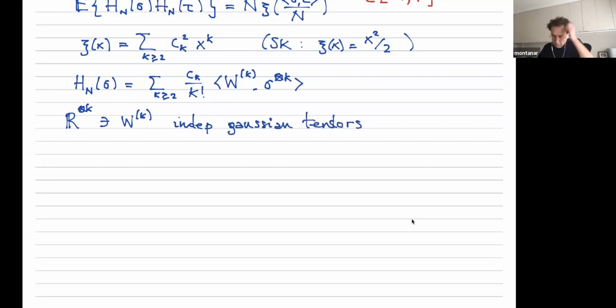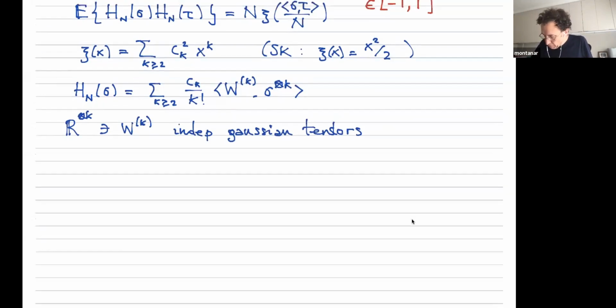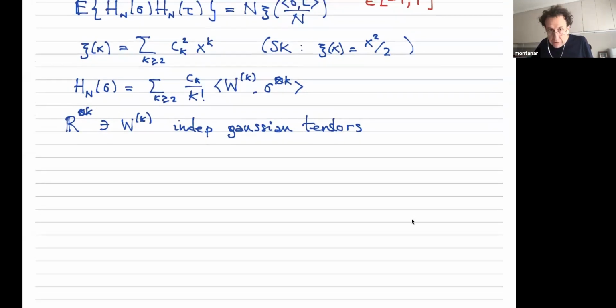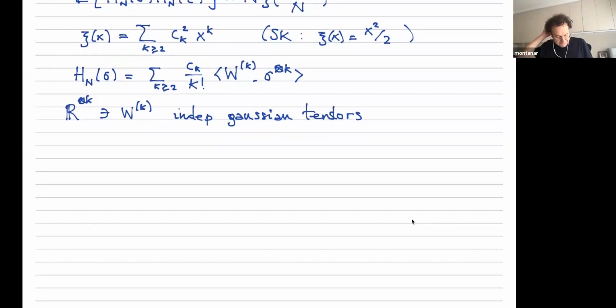I will not bother to define precisely the normalization of the entries of these Gaussian tensors, because you can probably figure it out by yourself, since I gave you the covariance of the process above.